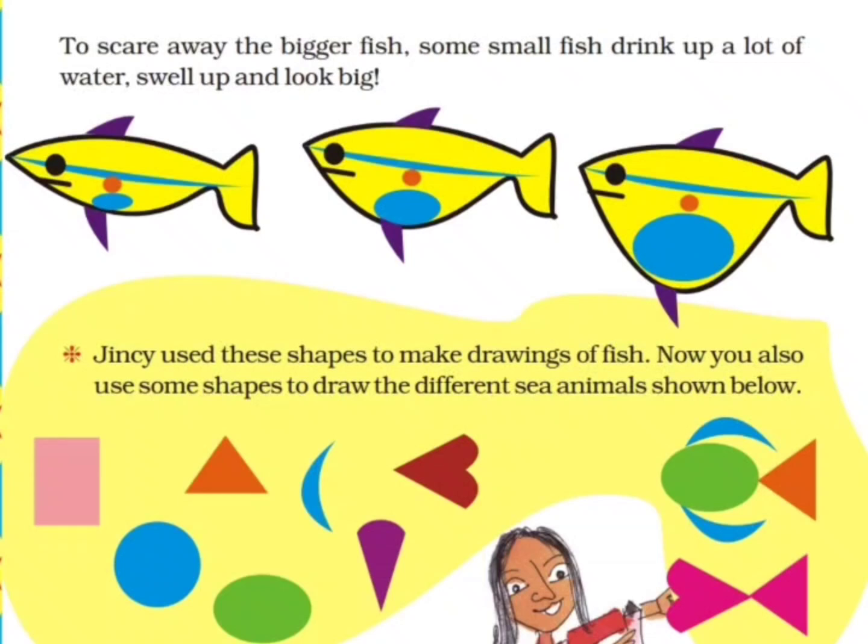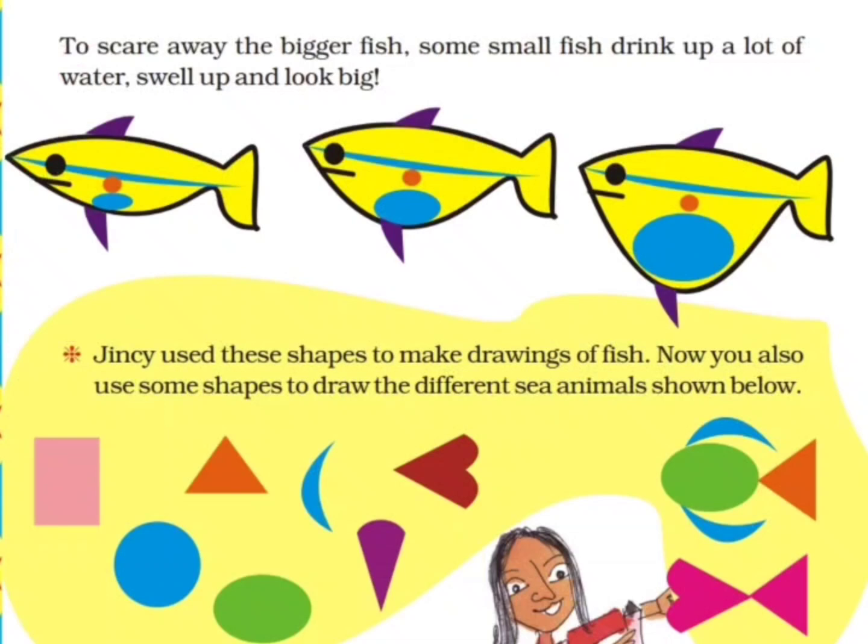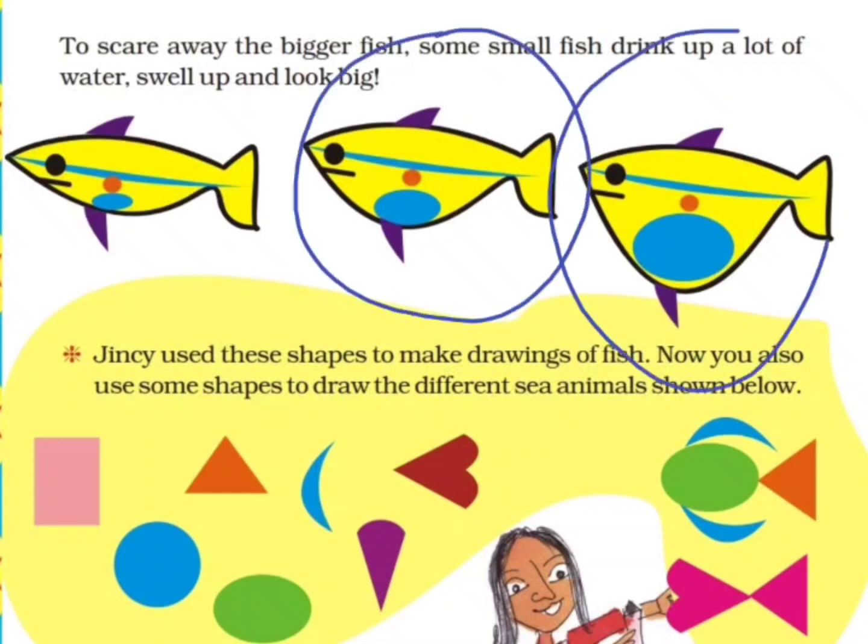What does it mean? It means the small fish are scared of the big fish because the big fish hurt the small fish. So the small fish swell up with water and make their bodies bigger. Clear?